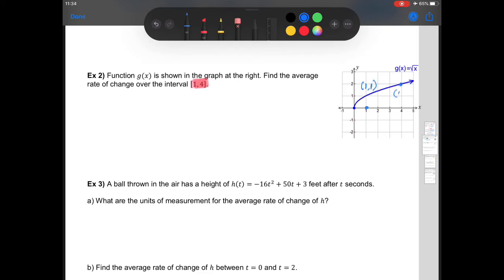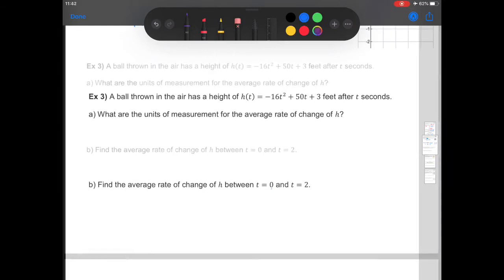When x is 4, what's my corresponding y value? It's 2. So those are your 2 points. So you want to find the slope of those 2 points. It's the same idea, right? So your average rate of change is 2 minus 1 over 4 minus 1, which would be 1 over 3. So my slope is 1/3.